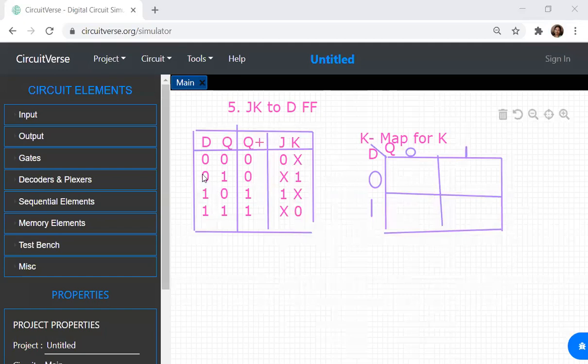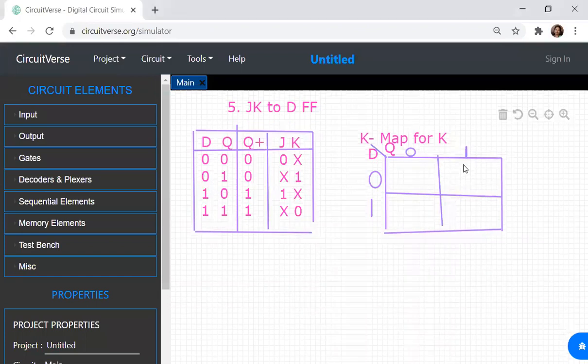Since I am solving for K, JK to D, 0, 0, it will be an X. 0, 1, it will be a 1. So 0, 1 is a 1. I'll have a 1 over here. 0, 1 is a 1. 1, 0 is an X. And 1, 1 is a 0. The other two is X. So this is an X and this is an X.